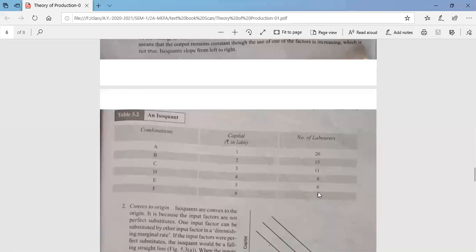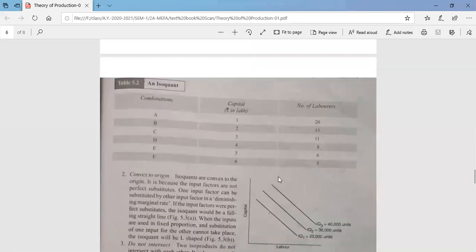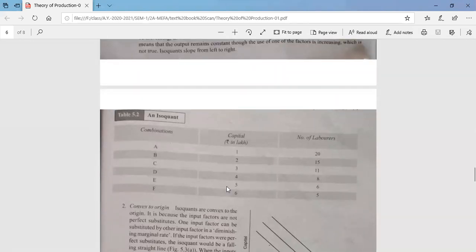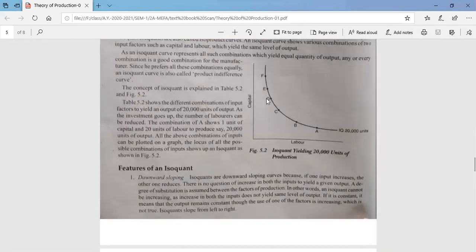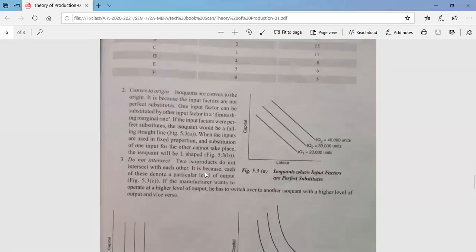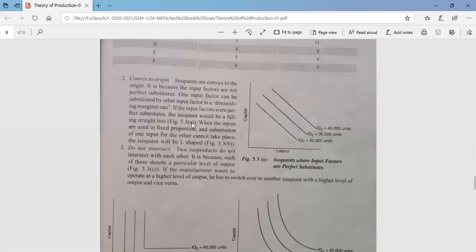So you can see here, we have another concept: this curve is convex to the origin. The curves are convex to the origin, and we can also have a case where capital and labor are perfect substitutes.